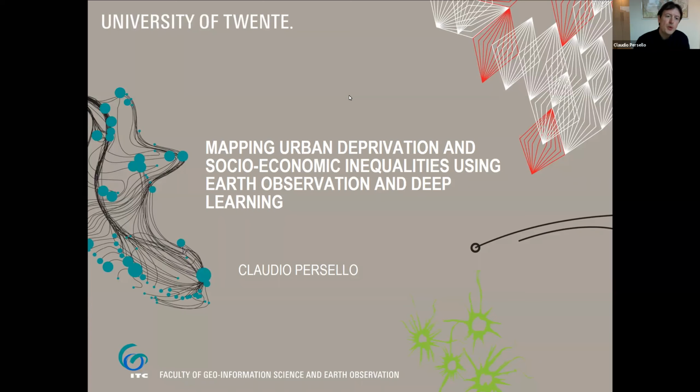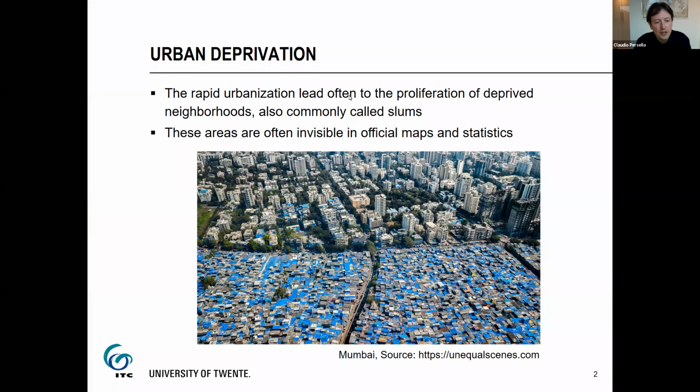So let me start with a short introduction. The rapid urbanization and population growth, which is taking place all over the world, but especially in low and middle income countries, often leads to the proliferation of deprived neighborhoods, also called slums or informal settlements.